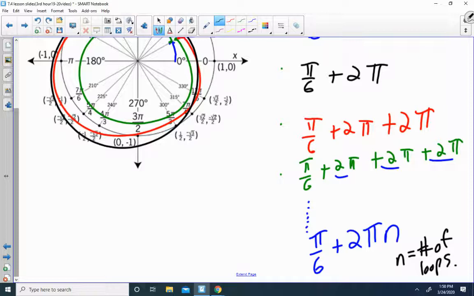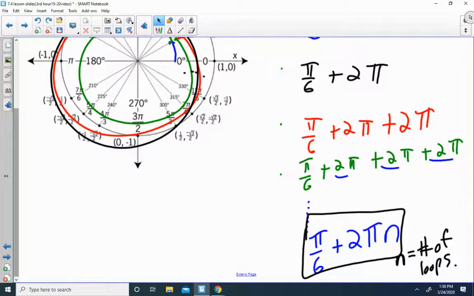Basically, remember when we did all of these loops here? The n is basically going to say, hey, these are the number of loops we did. And this is the notation you would use to label all of those infinite solutions. And that is how the Hawks program wants you to identify those. So, keep that in mind.